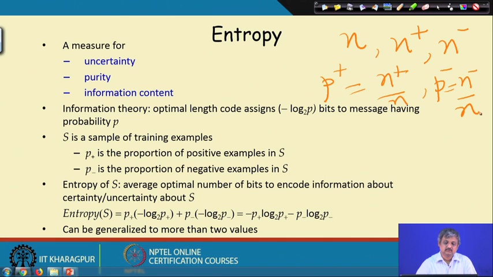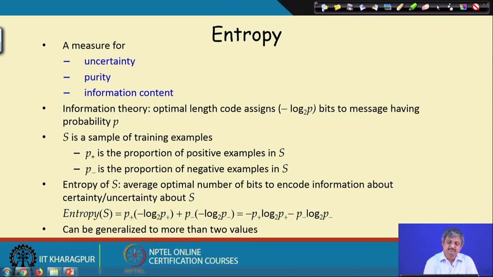The entropy of this set of examples S is defined by this formula: P plus into minus log of P plus plus P minus into minus log of P minus. Note that P plus is less than 1, so log of P plus will be negative, so I put a minus in front.